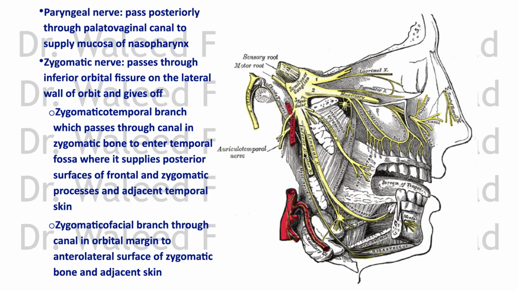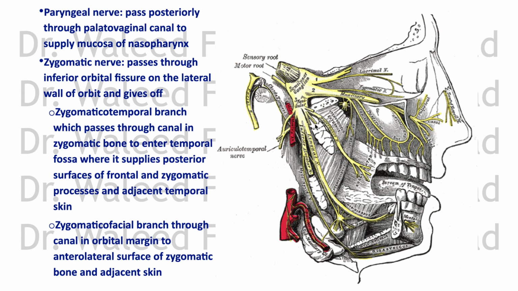What else? A pharyngeal branch. The pharyngeal branch passes through the so-called palatovaginal canal, runs posteriorly and downwards. When you run posterior and downward from the site of the pterygopalatine fossa, you will hit the roof of the nasopharynx. So this is how the maxillary nerve supplies the nasopharynx.